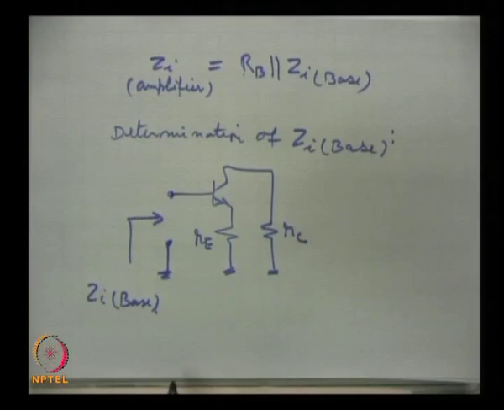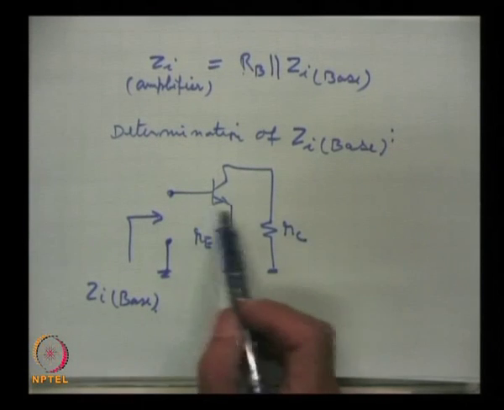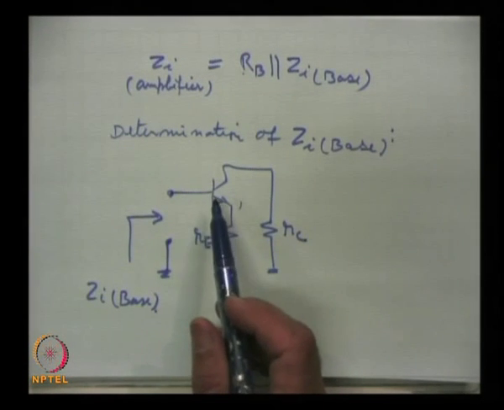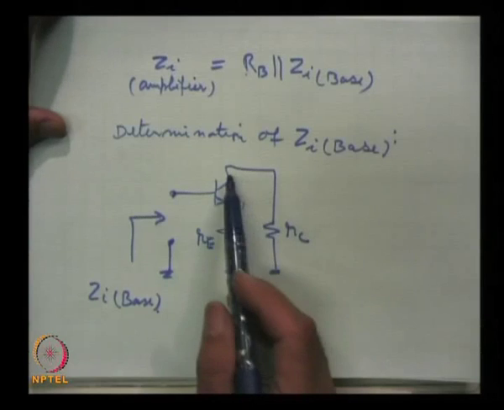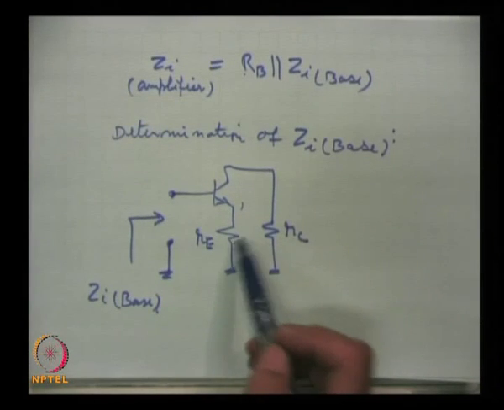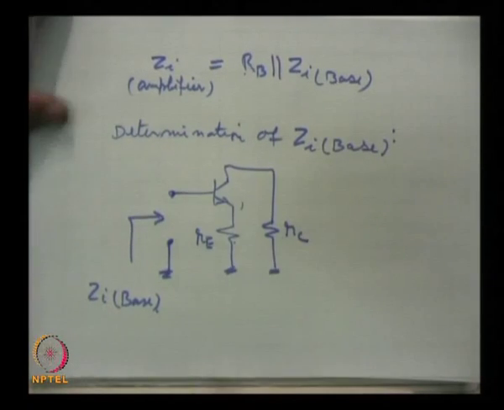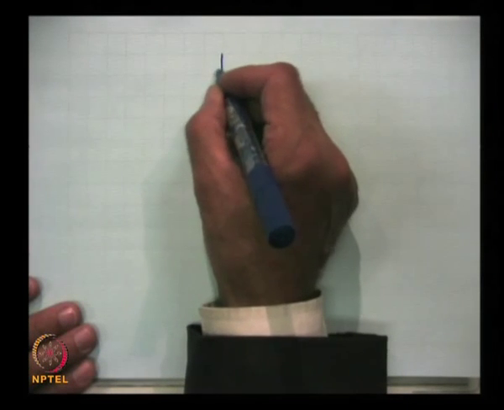We replace the transistor by its model, which we have earlier used. So, by replacing, we retain these 2 resistances, and let us see what we get. When we replace that with the model, we get this one.